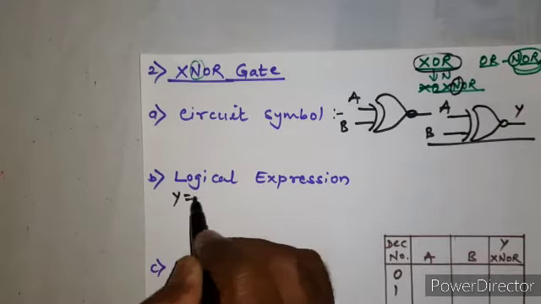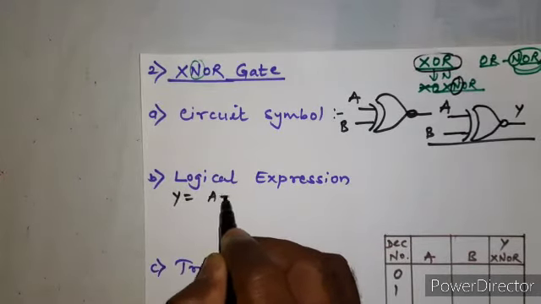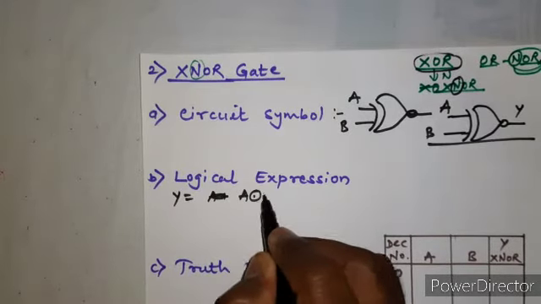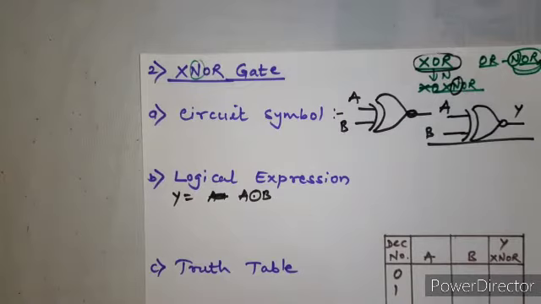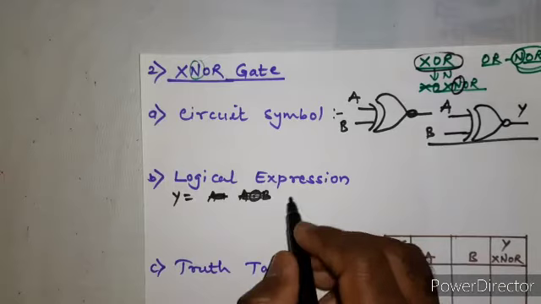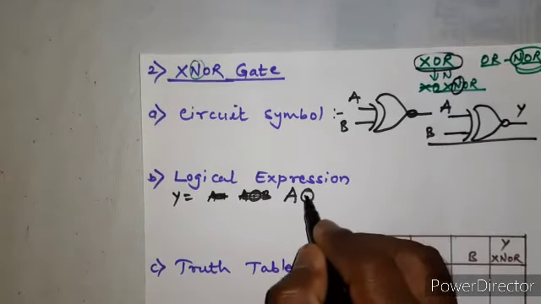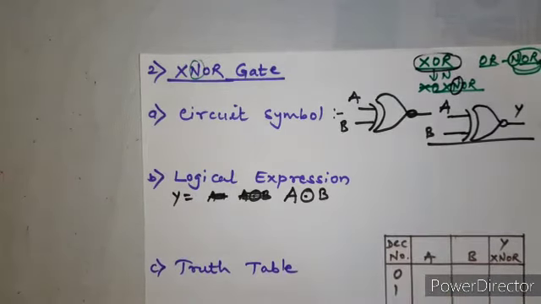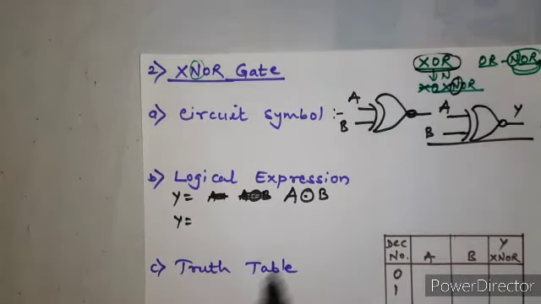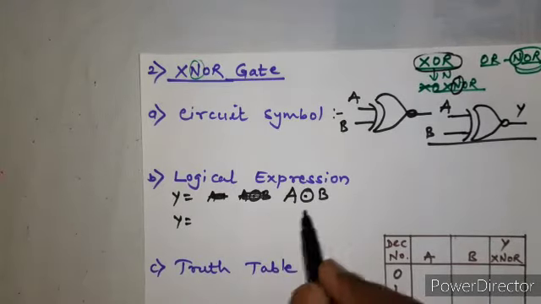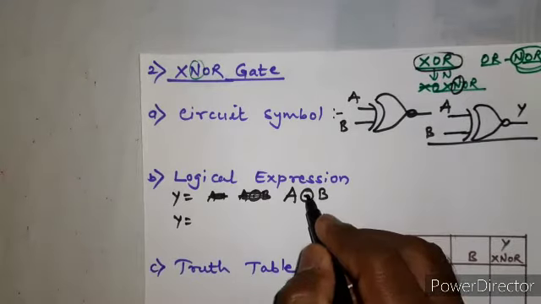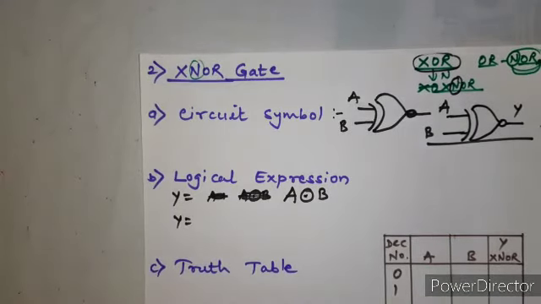Okay, so we can write Y is equal to A dot circle B. Let me write it in the enlarged form. This is A dot circle B. Another expression we'll talk about in the next few lectures; right now I don't think it is necessary to cover here.